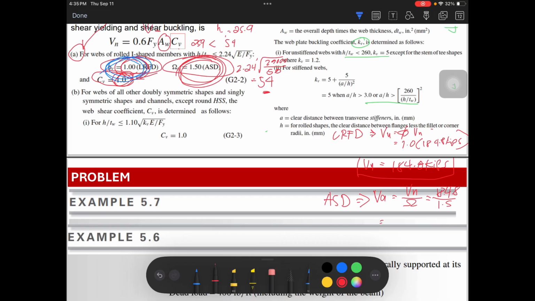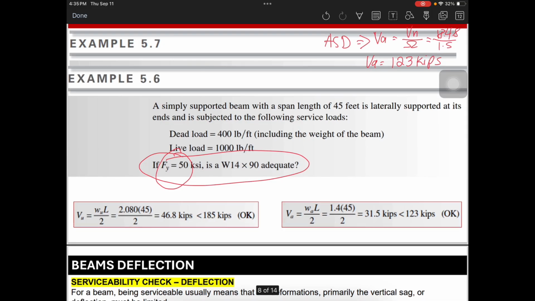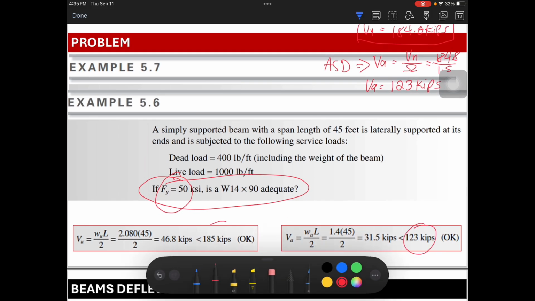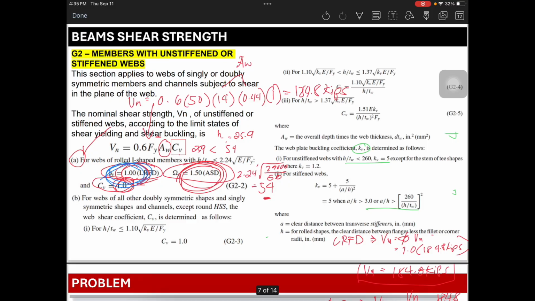This is equal to 123 kips ang Va natin. So our shear strength in ASD is 123 kips. So ang atin ay 184.8. So same naman. So madali lang si shear strength kapag nasa case A tayo.